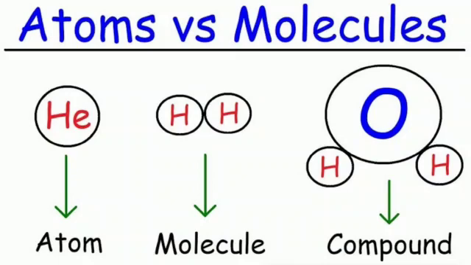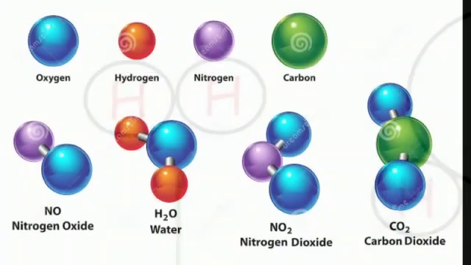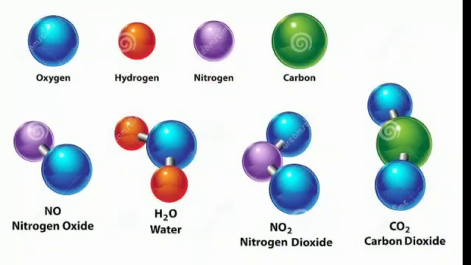Two hydrogen atoms form a molecule. It is a molecule of an element because a molecule of an element is made up of the same kind of atom, whereas a molecule of a compound is made up of different kinds of atoms. In this picture, you can see the compound water. Water is a compound made up of two atoms of hydrogen and one atom of oxygen.